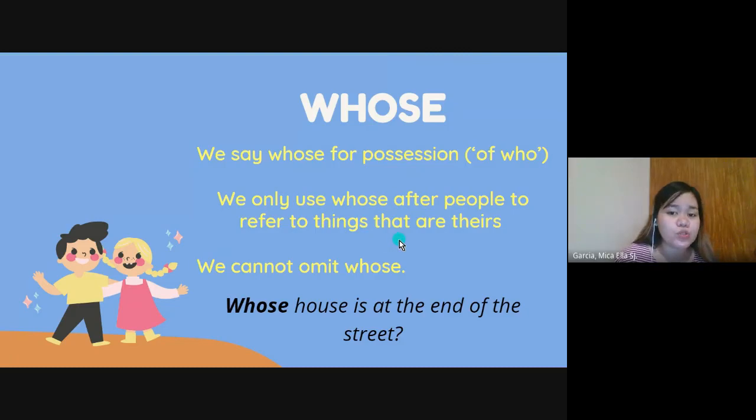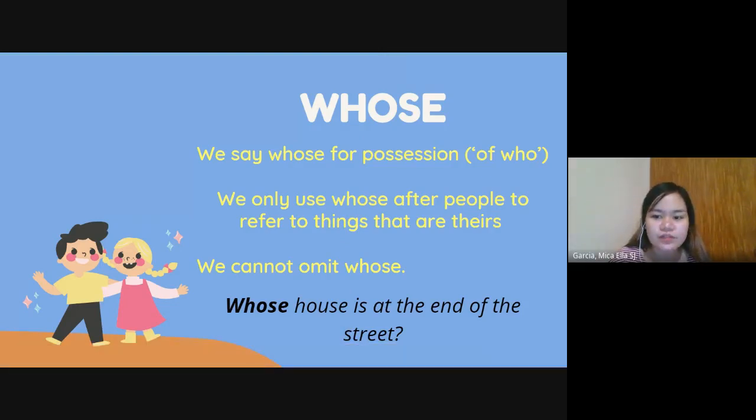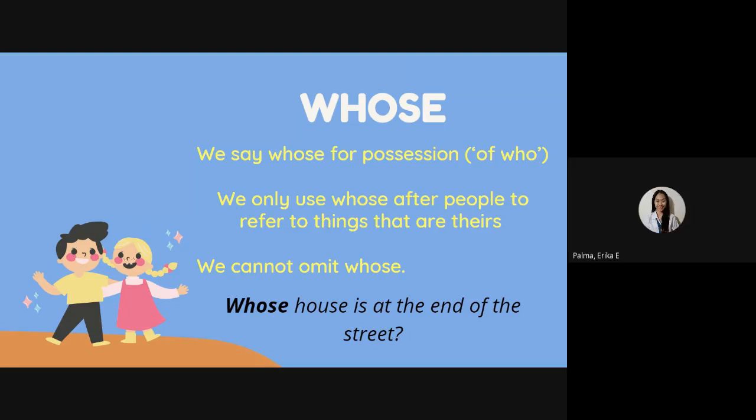We use whose. It is commonly preceded by a noun or a person. In the question here, will you please read the question? Yes, Erica. Whose house is at the end of the street?